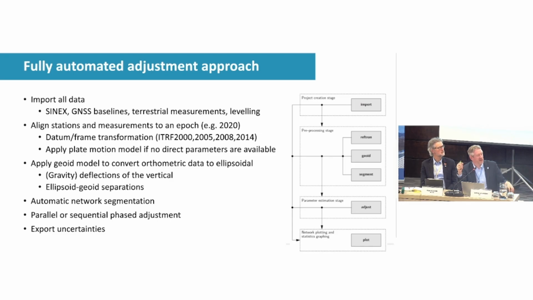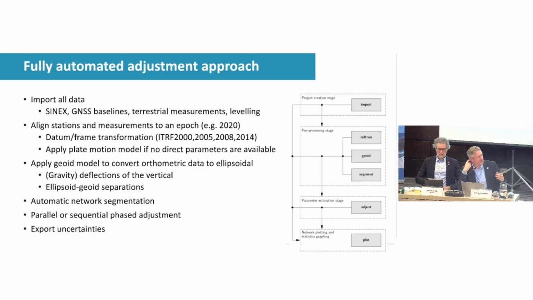What it's talking about here is you may have data from different times, different data sets that have been collected over the years. And what it does is it performs a transformation of all those historical data sets to make sure they're all aligned and in a common reference frame before it does the adjustment. It will apply a plate motion model if there's no direct parameters available.